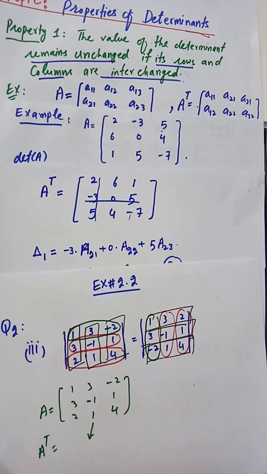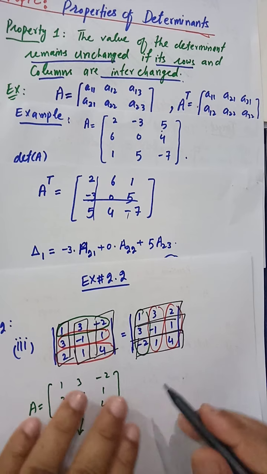Both sides of the equality contain determinants, and I am not evaluating them, and I am saying that these determinants must be equal because I know property number 1, that when the rows and columns are interchanged, the determinant remains unchanged.